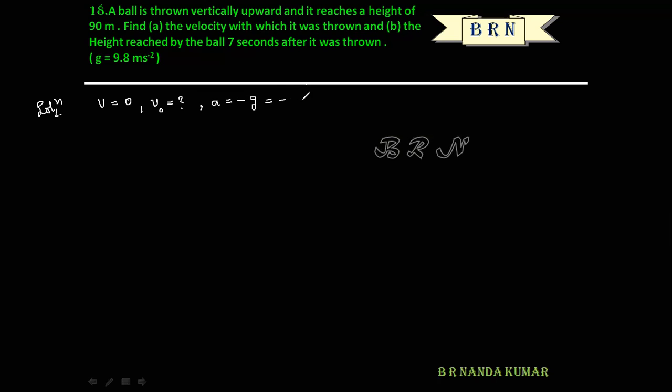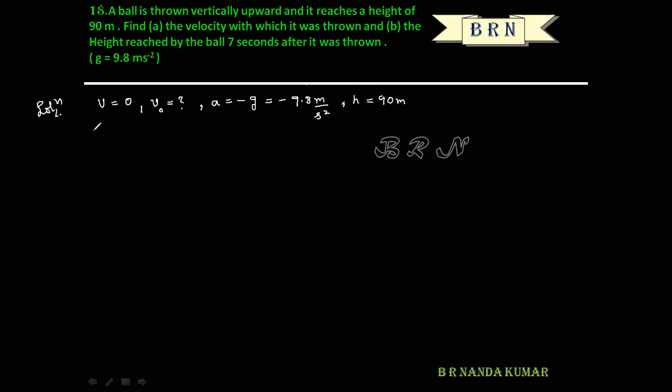That is minus 9.8 meters per second square. And the h value is 90 meters. Okay. So first here we have to calculate the initial velocity, that means the velocity with which it was thrown.